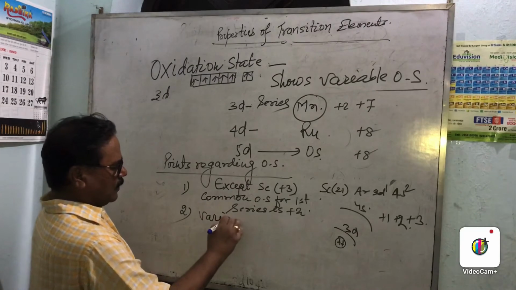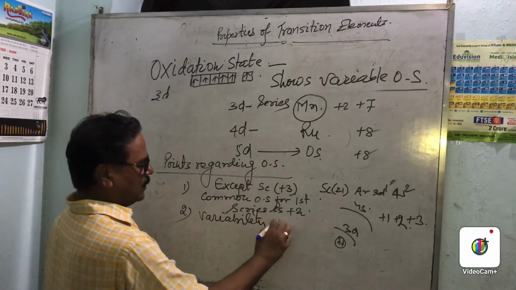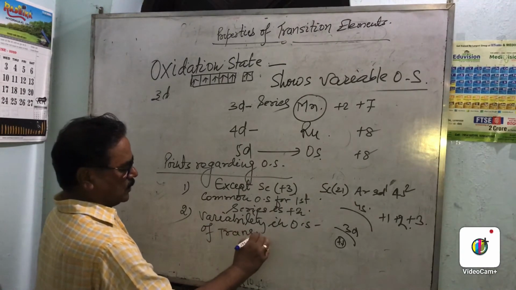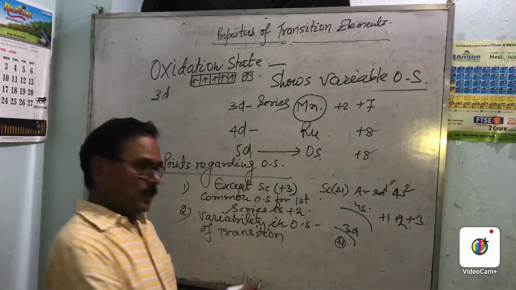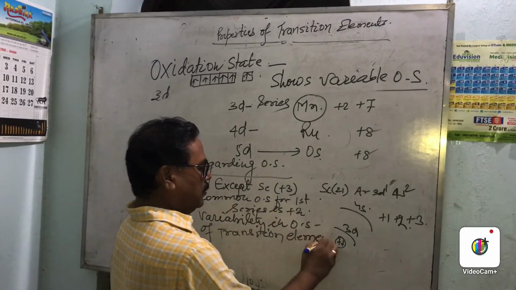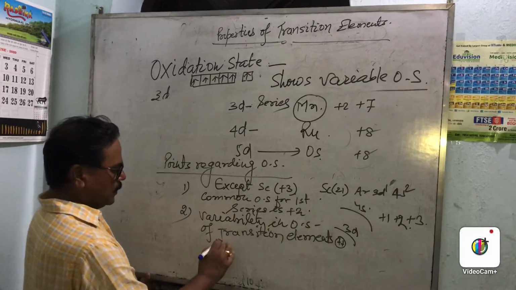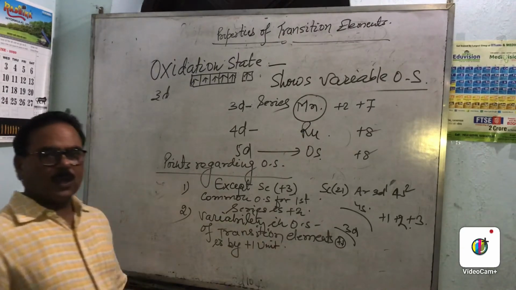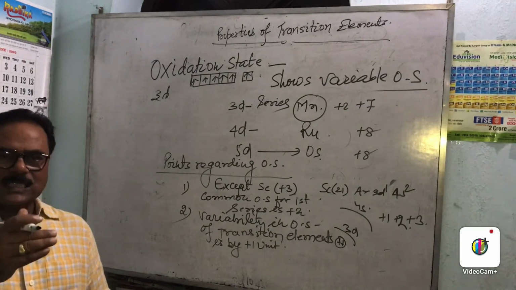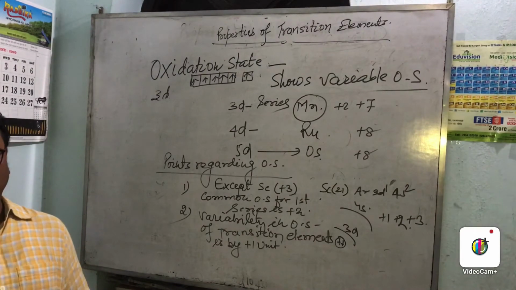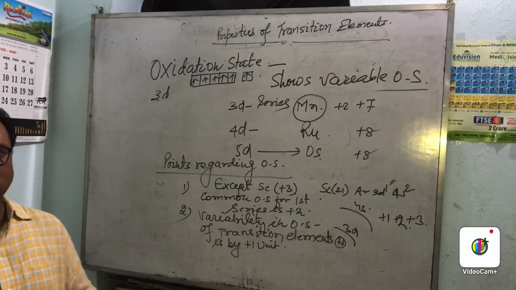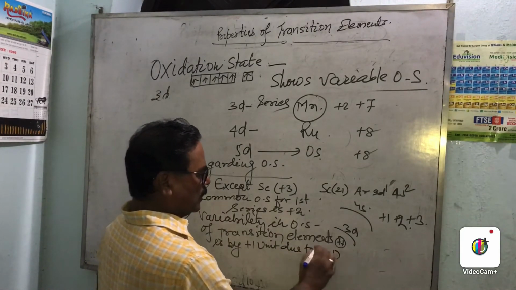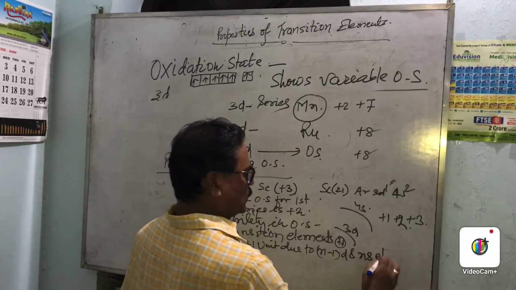The variability in oxidation state of transition elements is by 1 unit. Why? Because of the participation of ns and (n-1)d electrons. They participate one by one, not both together, due to participation of (n-1)d and ns electrons.